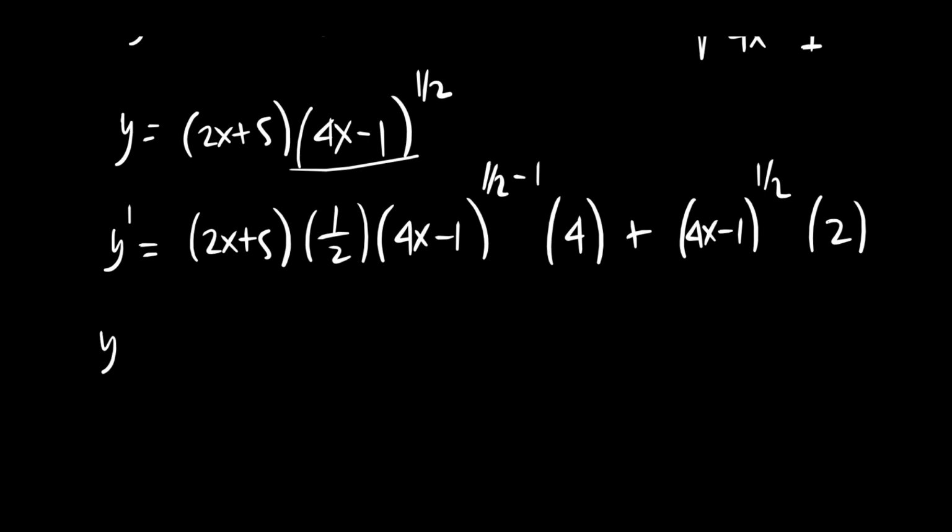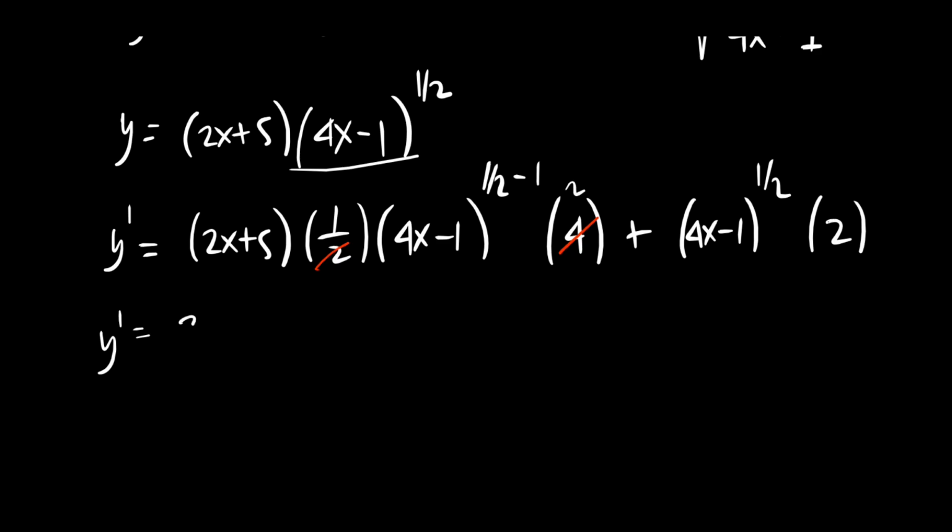After this, we will simplify. So y prime is just equal to, we'll cancel this 2 here, we'll cancel this by 4, so the remaining will be 2.